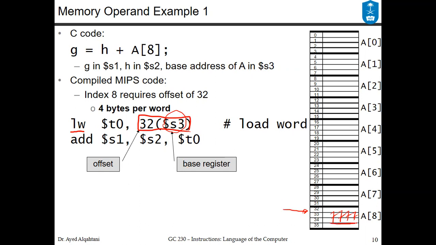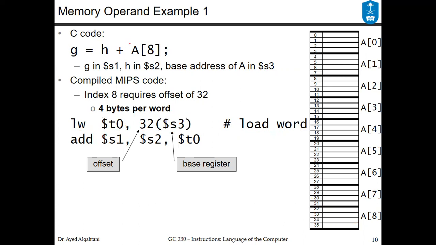So this variable, now we take this data and we put it in the temporary register T0. This way we load. Now we load a word, and this is why we call it LW, load word.